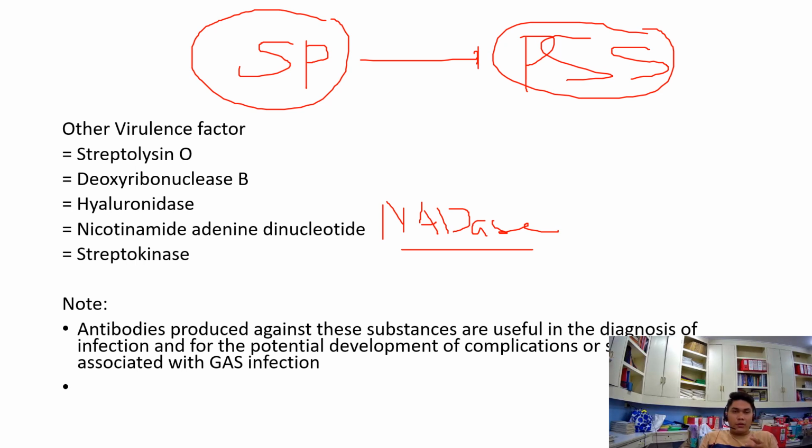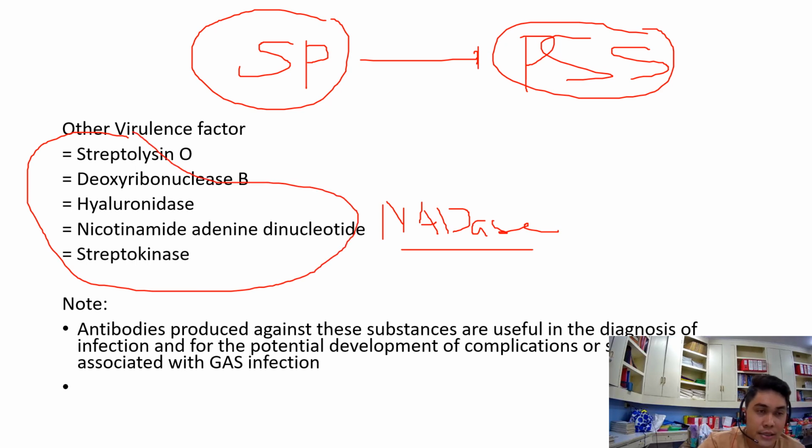The problem with post-streptococcal sequelae is that during this phase, the microorganism is already absent. It's not present in the body anymore. So to determine the cause of your post-streptococcal sequelae, you need to detect or measure the antibodies against these substances, because during post-streptococcal sequelae you have increased antibodies against them.